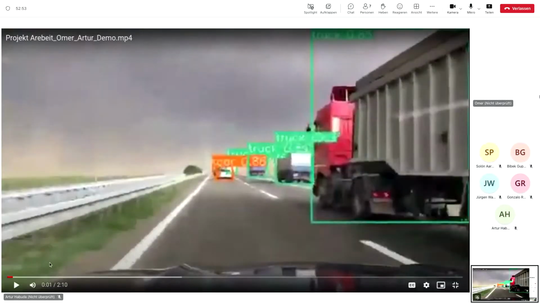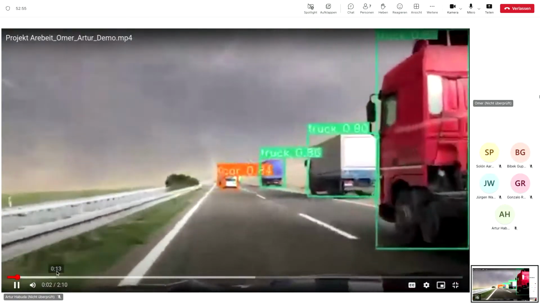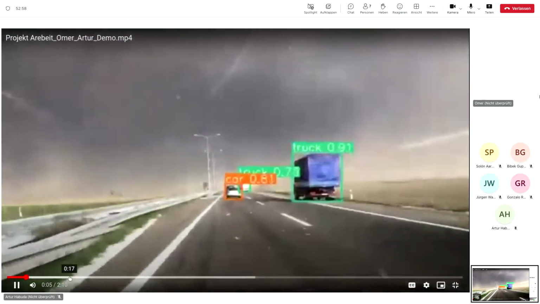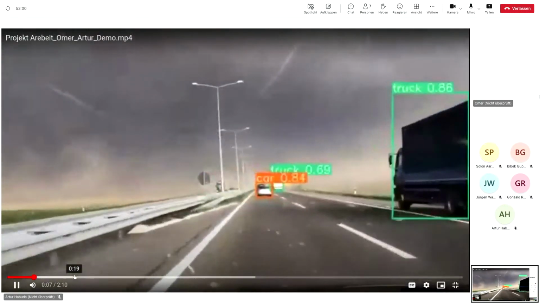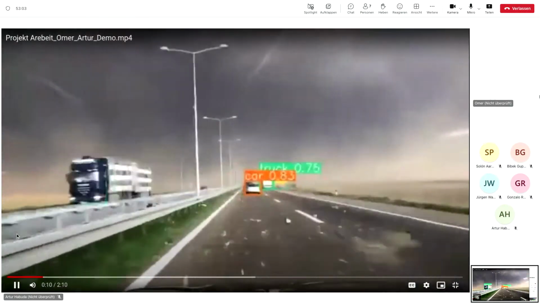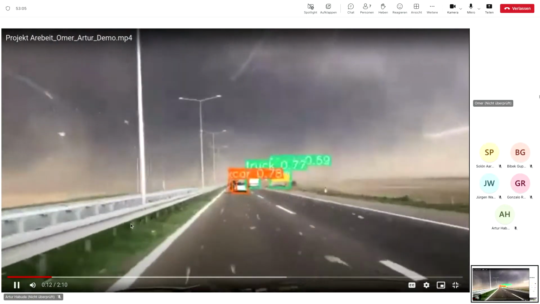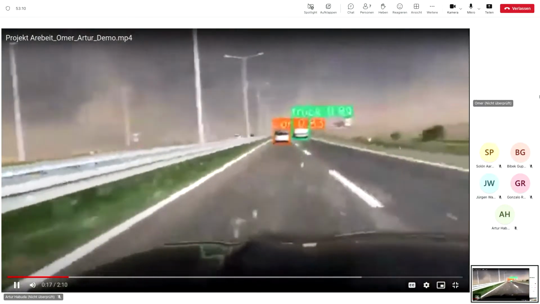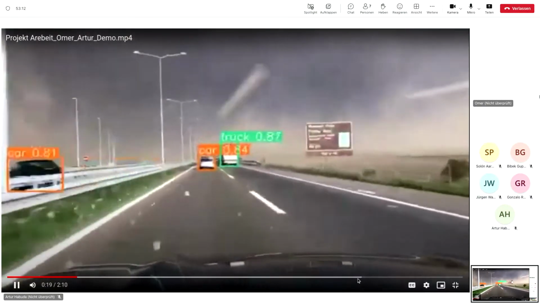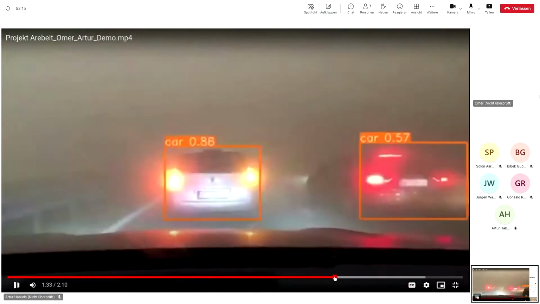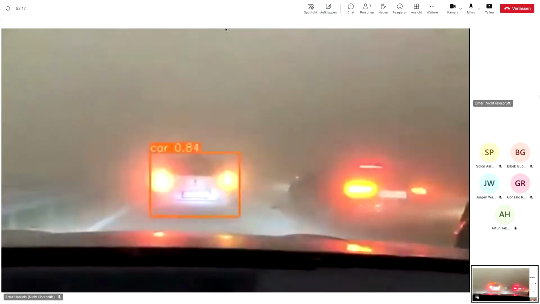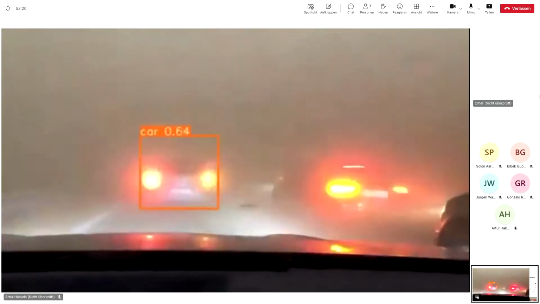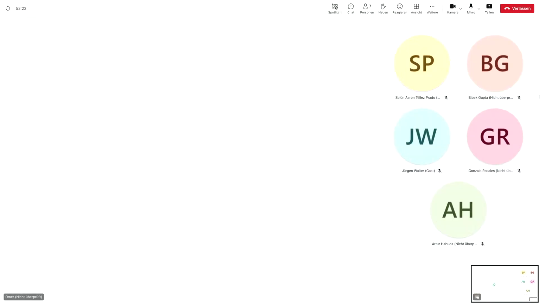Even in this stormy weather condition, you can still see that the car is being detected. And yeah, that concludes the work for our project. So thank you very much.